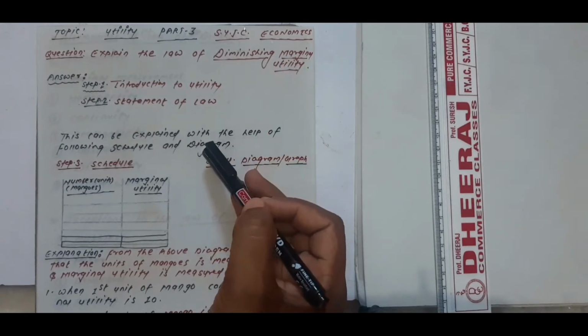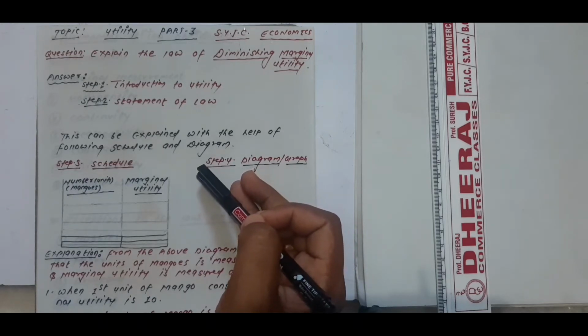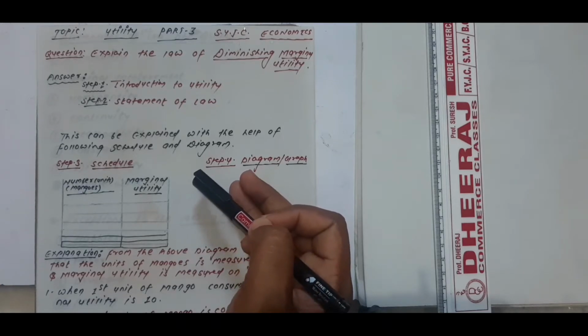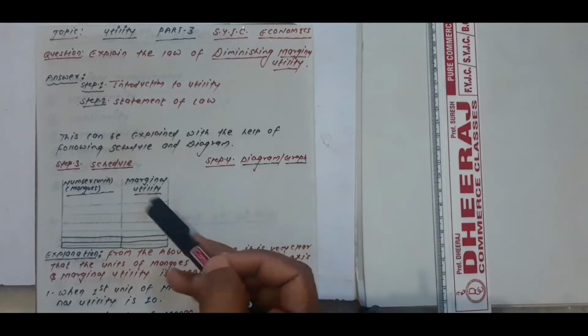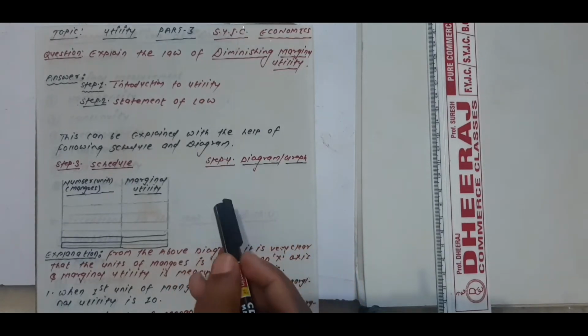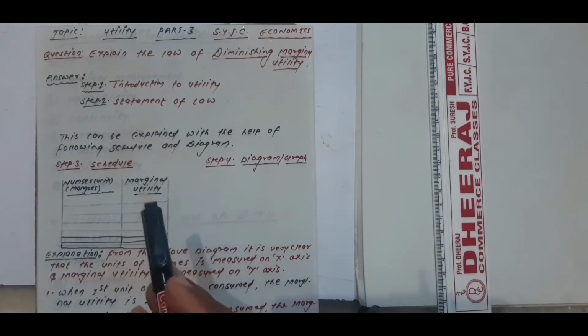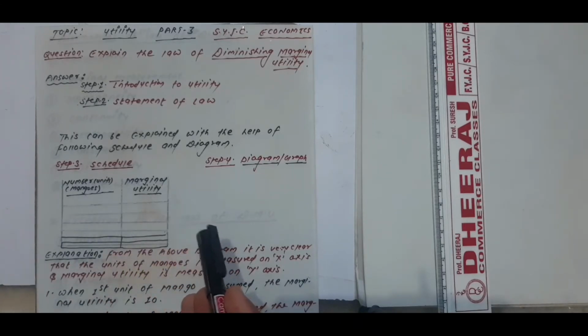For example, if a person is thirsty and needs a glass of water, when he takes the first glass of water, he gets maximum satisfaction. As he drinks water continuously without taking a break, the satisfaction level diminishes.